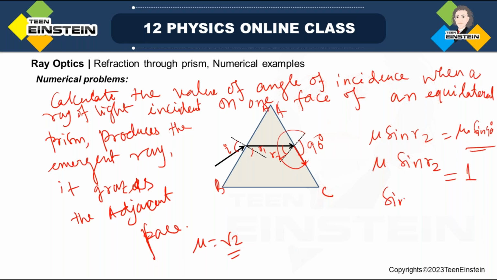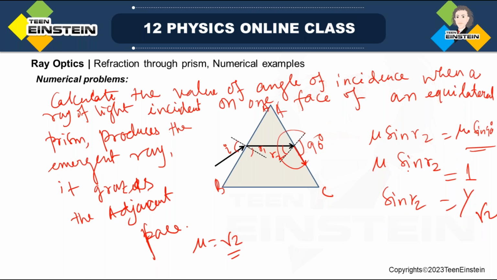That means sine R2 is equal to 1 by mu, that is 1 by root 2.